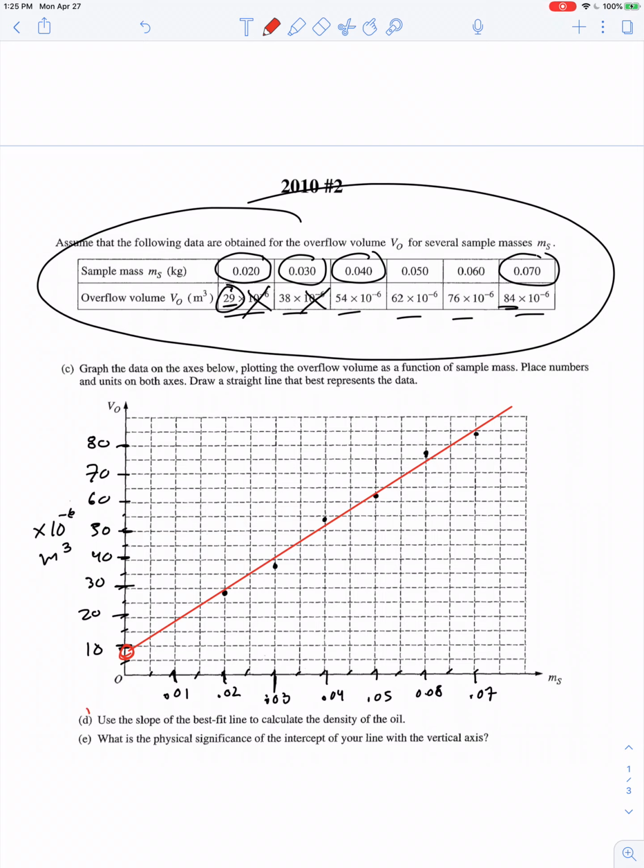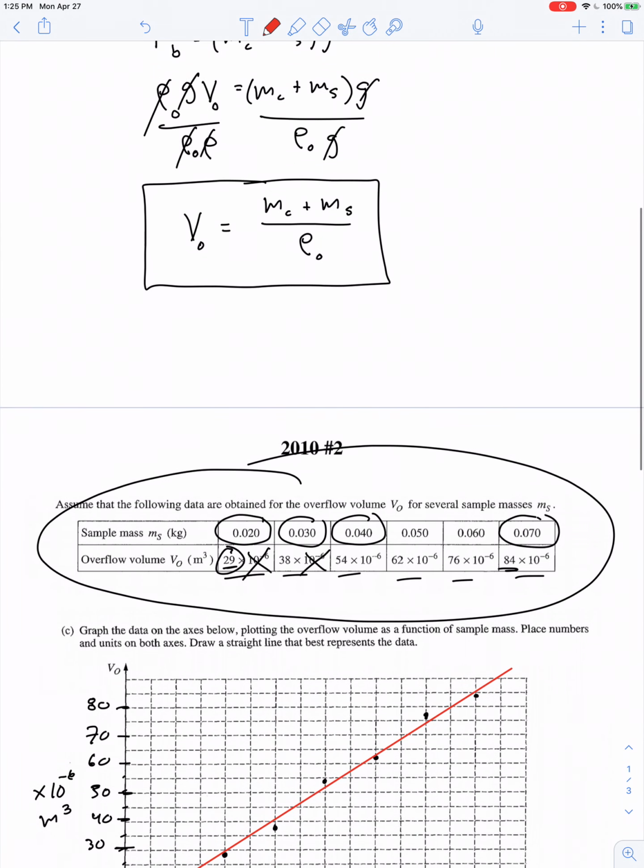Okay. Based on the slope of this line, can we calculate the density of the oil? Well, we should be able to. Look at the equation that we derived. This can be stated in the form V equals 1 over rho times the quantity mc plus ms, or V equals 1 over rho times the mass of the sample plus the mass of the cup divided by rho.